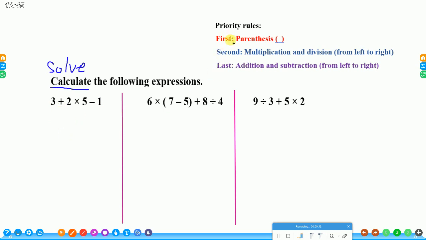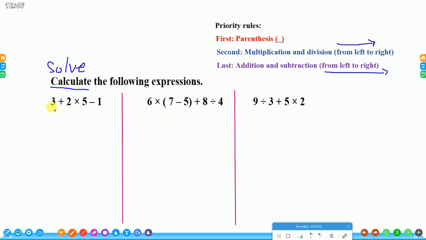If we don't follow these rules correctly, first the parentheses, second multiplication and division from left to right following the order of their appearance, and last addition and subtraction also from left to right by following their order of appearance, your answer will be wrong.